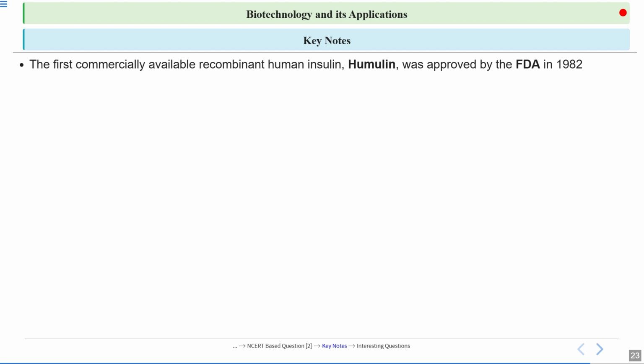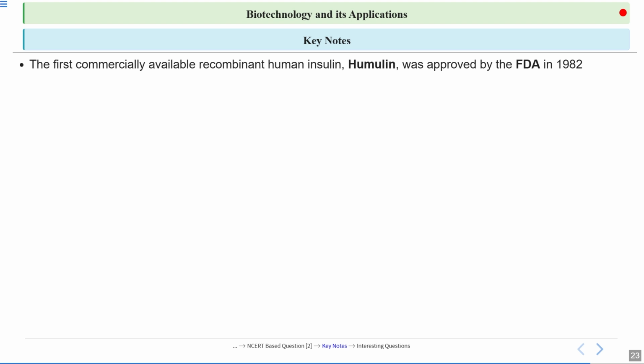So what are the keynotes of today's class? The first commercially available recombinant human insulin, that is Humulin, was approved by the FDA in 1982.